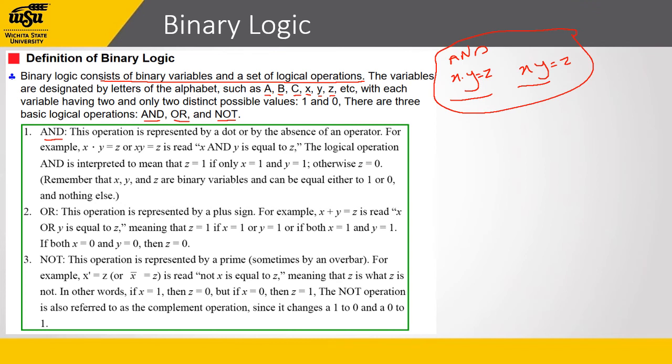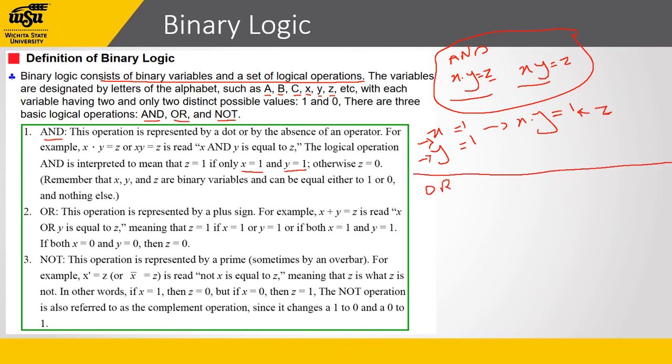So this operation is interpreted to mean that Z is 1 if and only if X is equal to 1 and Y is equal to 1. Both of them should be equal to 1. Otherwise, if either of these two variables is 0, Z is equal to 0.